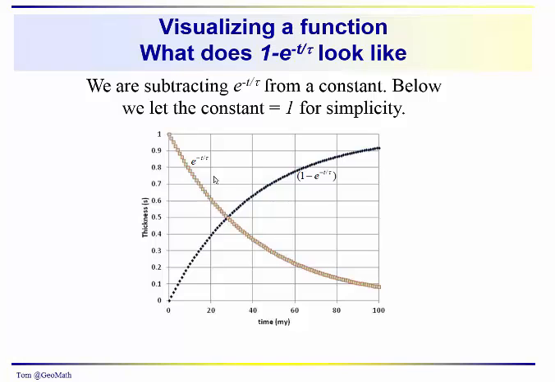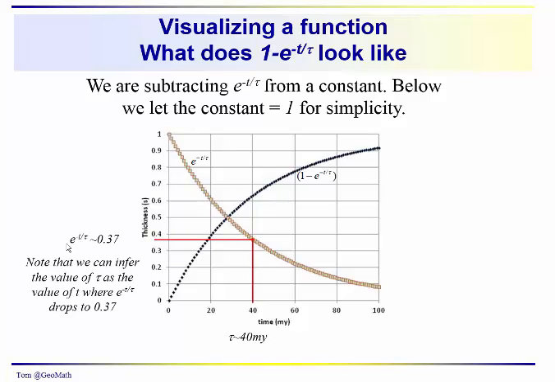Now what I'd ask you to think about is the relationship of tau. Again, we'll cover this briefly, but remember for e to the minus t over tau, when t is equal to tau, e to the minus t over tau is approximately 0.37.